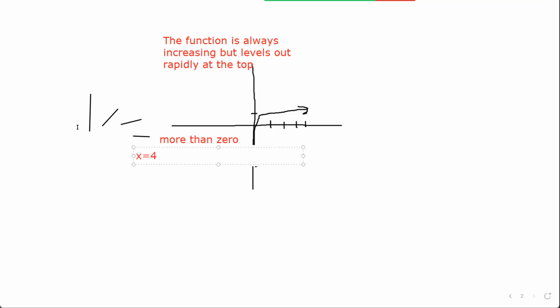So what's happening is this is a very positive slope. These are all positive slopes, aren't they? This is an almost infinite slope, a huge slope. It's very positive, less positive, and less positive still.